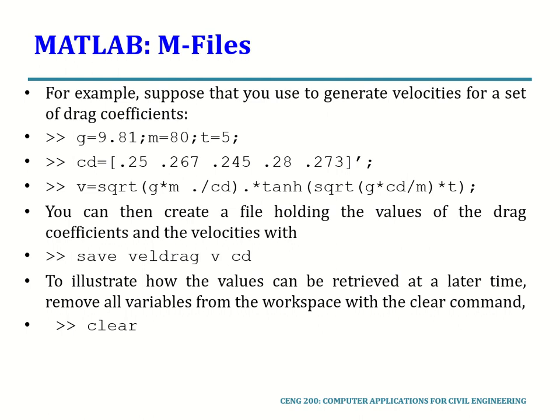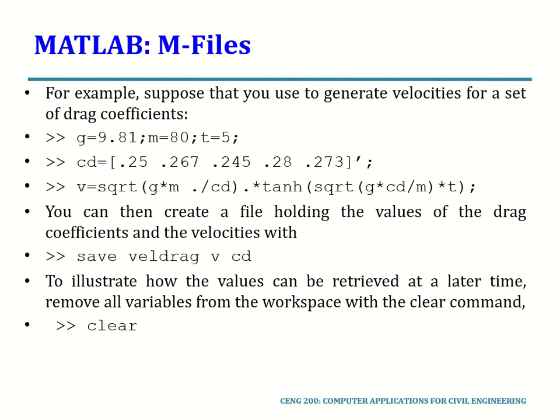So for example, you create a file where you have now how many variables? G and M and T and CD and V. Okay, we are entering the value of G and M and CD and T, and we are calculating V. So how many variables total? 5. G is a variable, M is a variable, T is a variable, CD is a variable, and V is a variable. 5 variables.